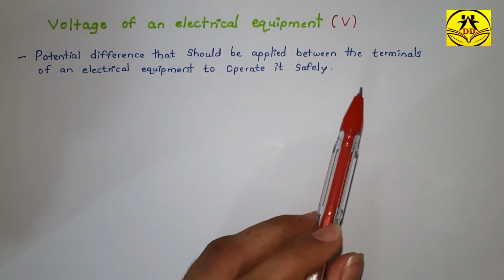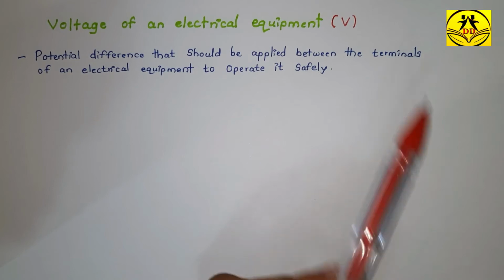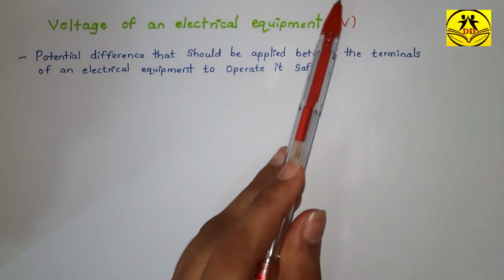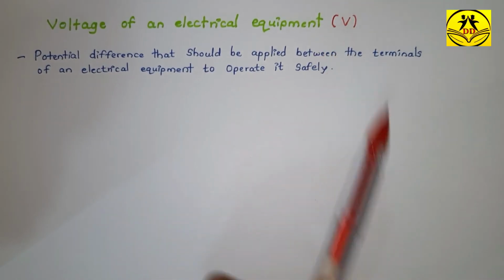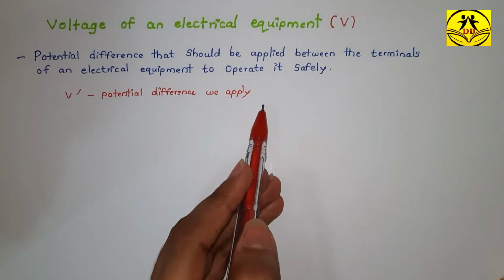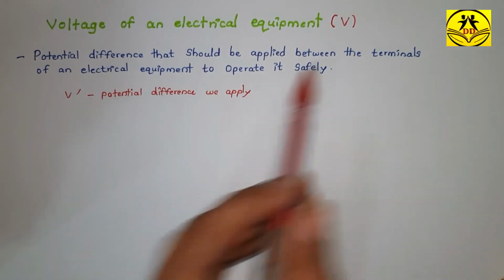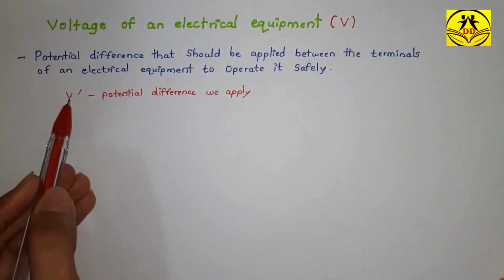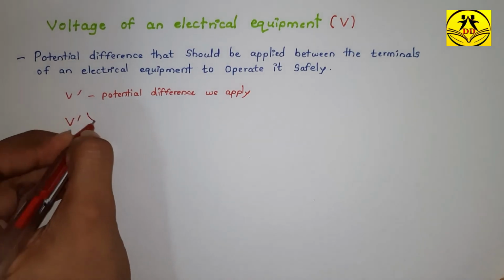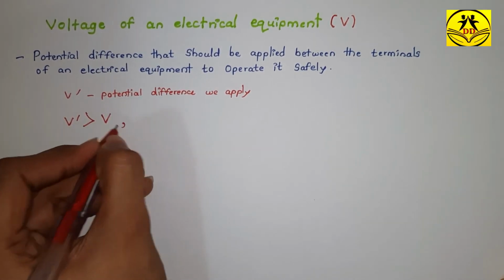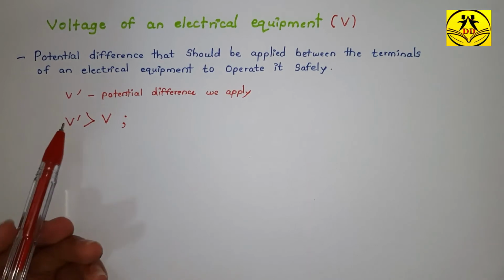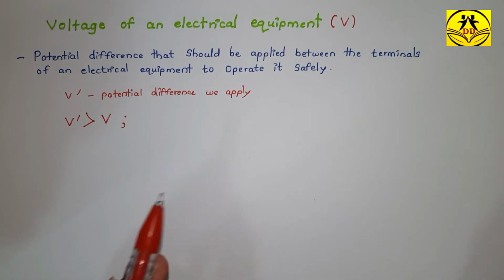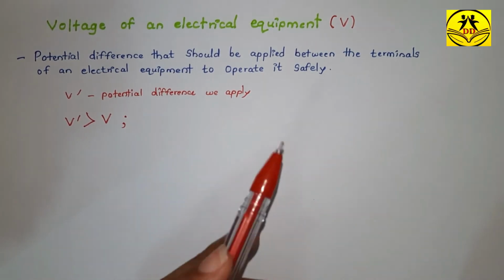Now consider an instance where you apply a potential difference greater than this standard voltage of the electrical equipment. What will happen? Consider the potential difference we're going to apply as V dash and this standard voltage of the electrical equipment as capital V. Now if this V dash is greater than capital V, what's going to happen? If the potential difference we apply is greater, the current which flows through the electrical equipment increases.